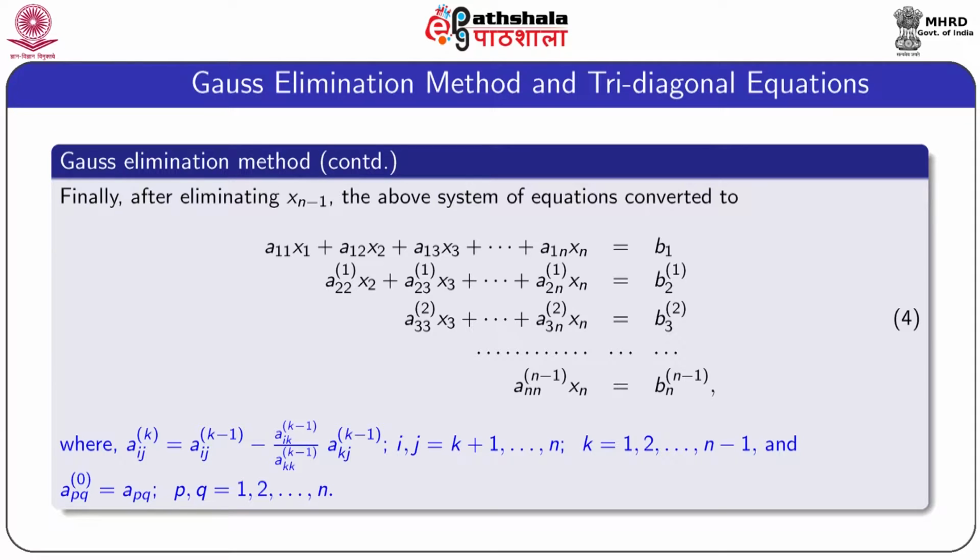So, using this formula we can calculate all the coefficients aij^(k).